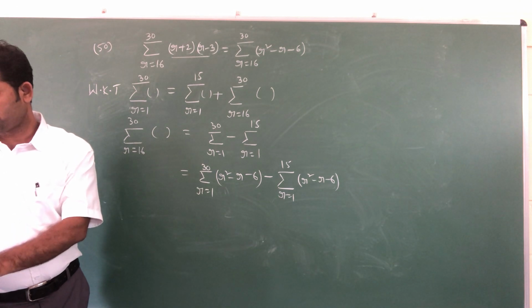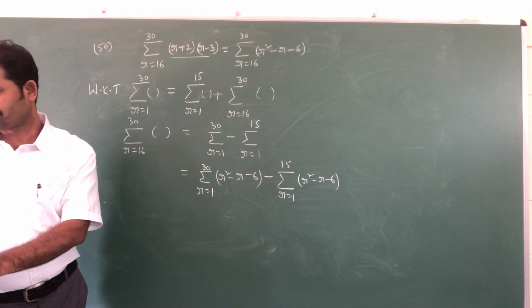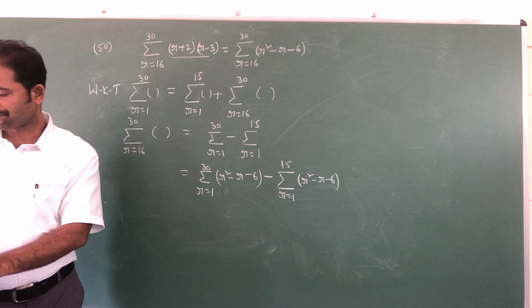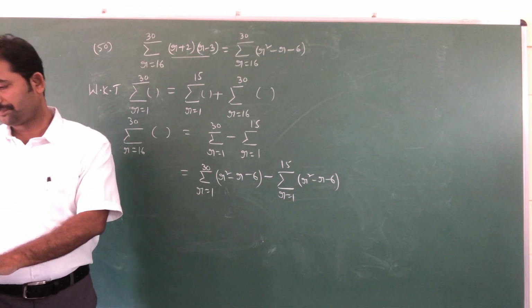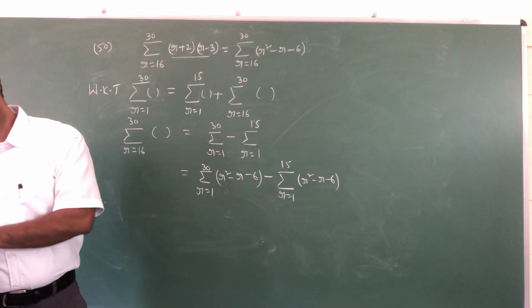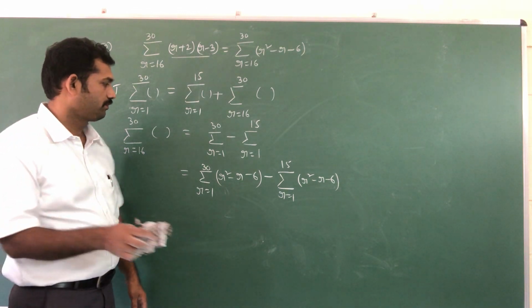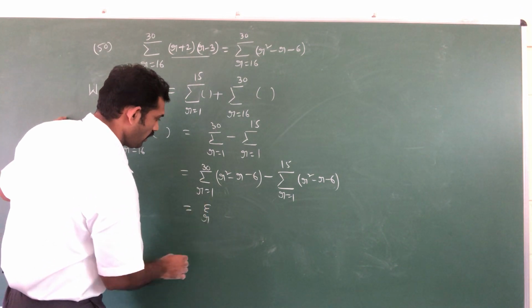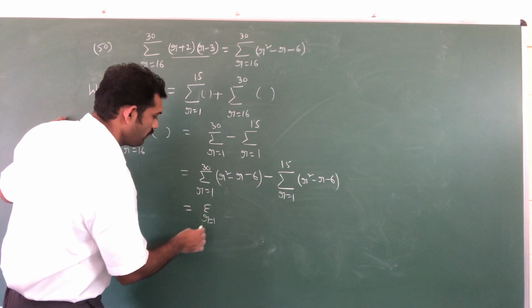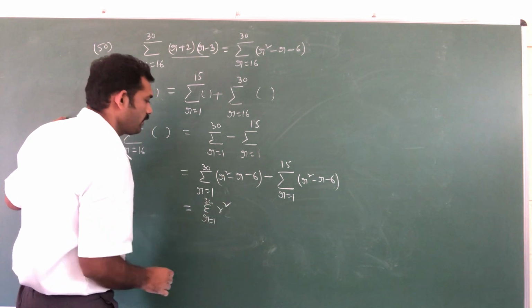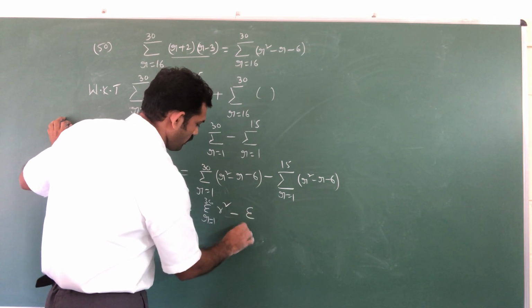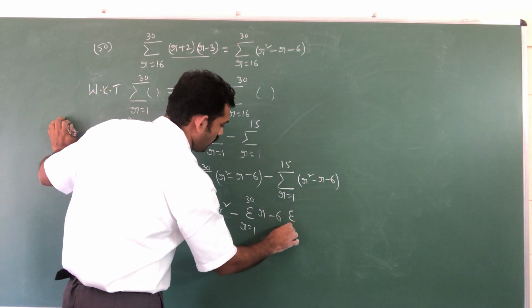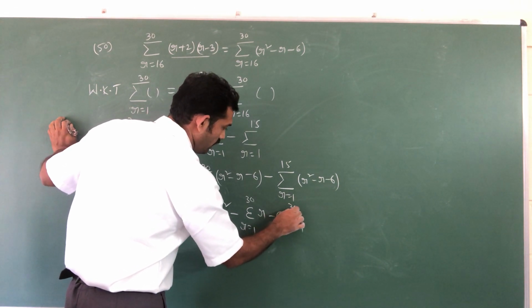Subtraction of these two. Now, sigma r equals 1 to 30 of r square minus 6 sigma r equals 1 to 31 of r.